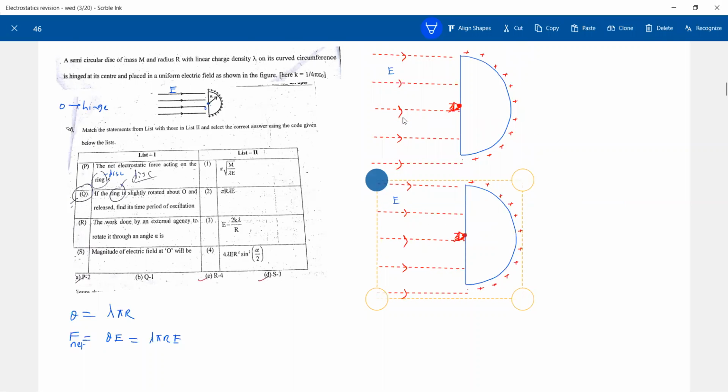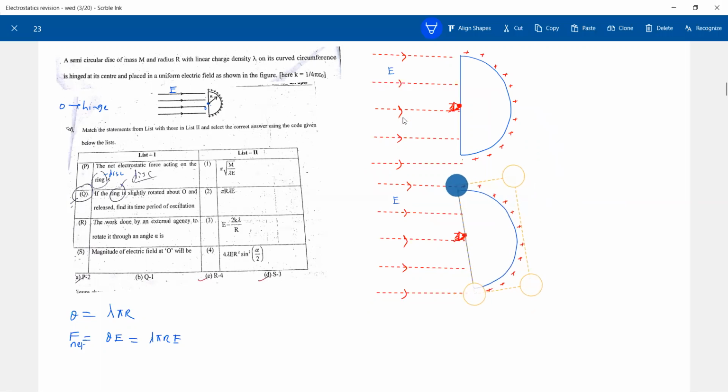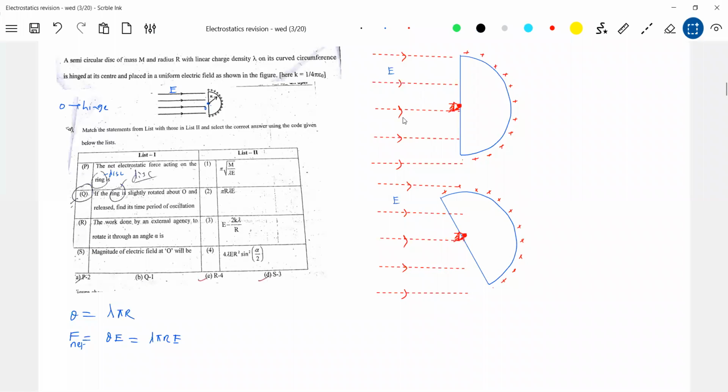I'll bring the condition like this now. Can we assume a situation like this? Let's calculate the torque. So this is the vertical.